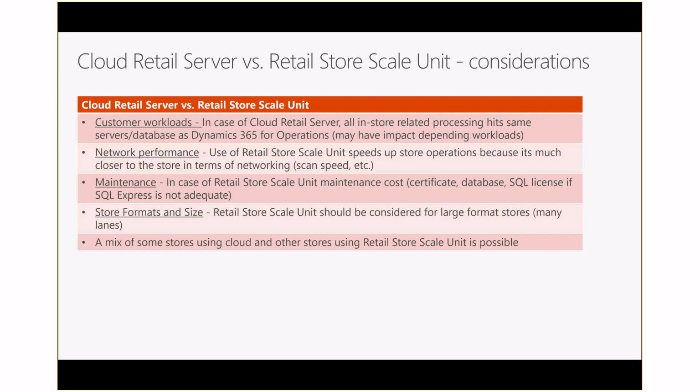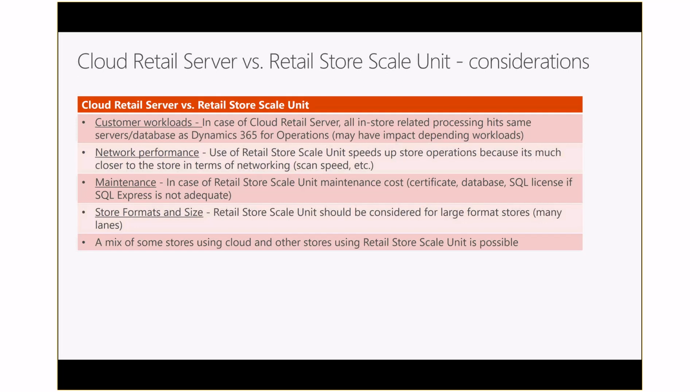For example, when we have very large networks of stores or even terminals, in the cloud workload we're actually all hitting the same database. Everything goes together in the cloud database. The AOS and channel database is hosted together. That has, or can have, a scalability impact on our headquarter. So that might be one consideration to opt for the retail store scale unit, depending on the size.